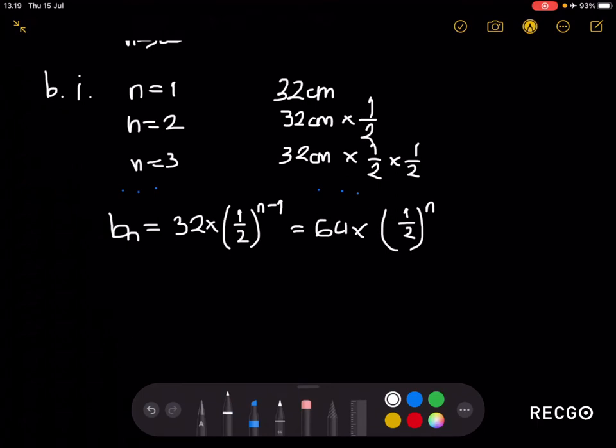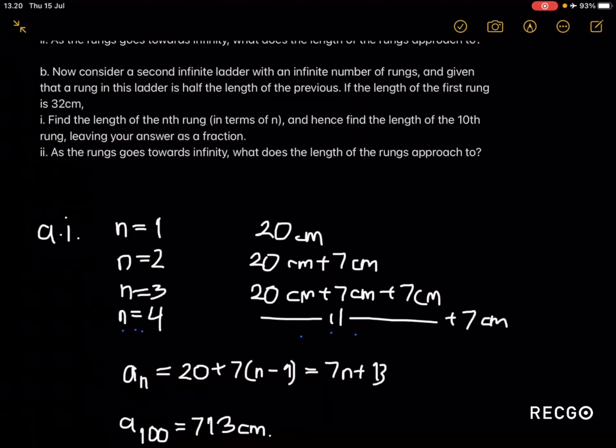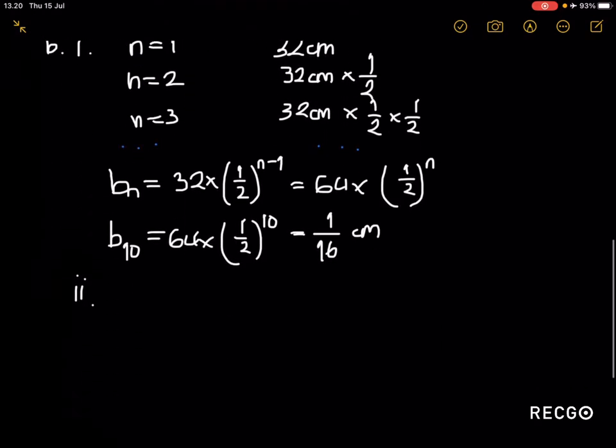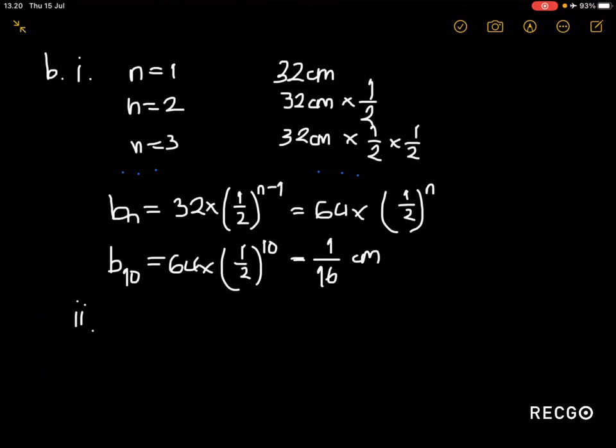Now to find the length of the 10th rung, we substitute n equals 10 into this equation. So 64 times a half to the 10th, which is just 1 over 16 centimeters. Then we need to answer what the length of the rungs approaches as the rungs go towards infinity. This is pretty similar.